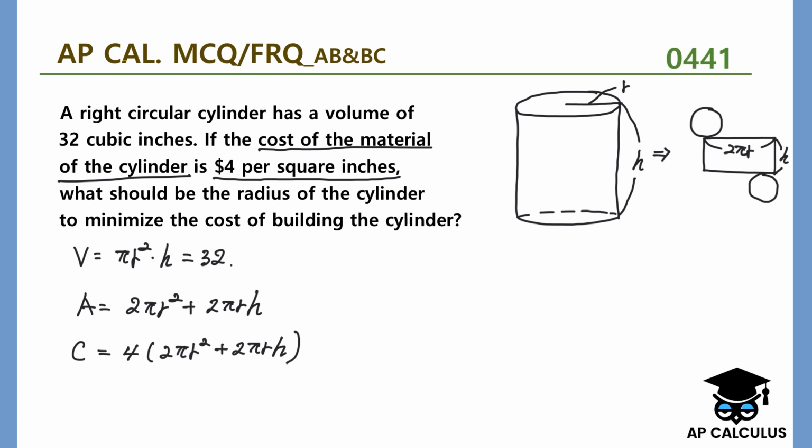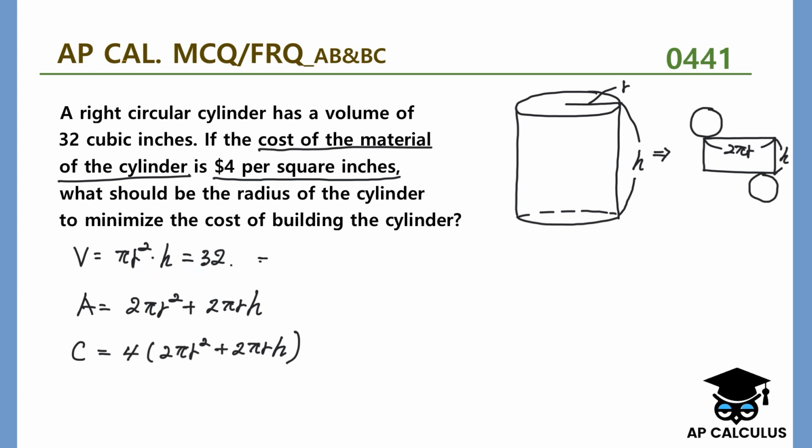So far so good? Now when we look at this equation, we have two variables, r and h. So we have to make this equation in one variable. It is given that the volume, pi r squared h, is equal to 32, so we're going to use this equation.